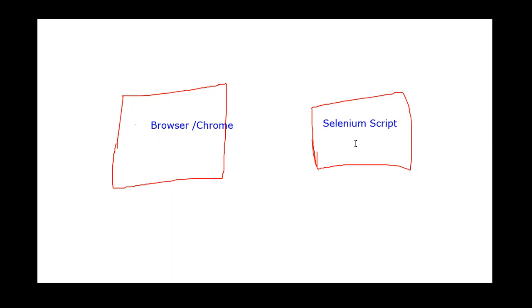But to communicate with the browser, we need to have a bridge in between the Selenium script and the browser, which will convert this .class file or bytecode into a browser-interactable language. Whatever command you write in the Selenium script cannot directly interact with the browser.